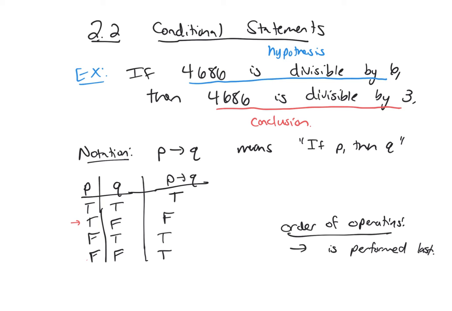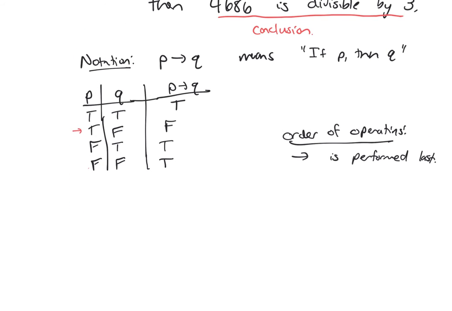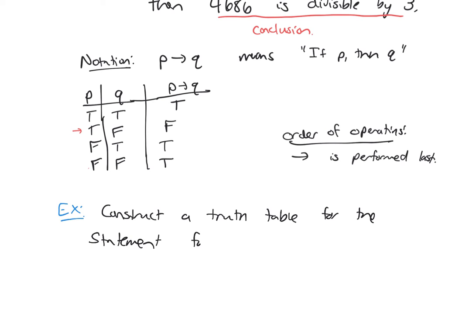Okay, so let's construct a truth table for a conditional statement. Let's construct a truth table for the statement form: if P or not Q, then not P. So first thing, when you're making truth tables, you've got to decide how many variables you have.